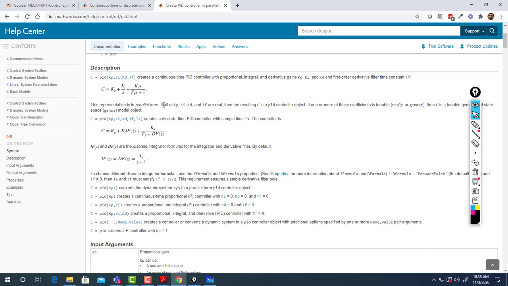Again, your controller is Kp plus Ki over S plus Kds, then multiplied by 1 over Tf s plus 1, Tf they call it. This is also a filter. So it's actually the same as the one in Simulink. Nothing different. It's the same.